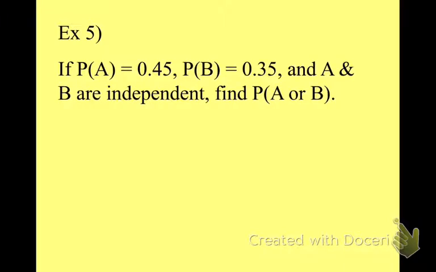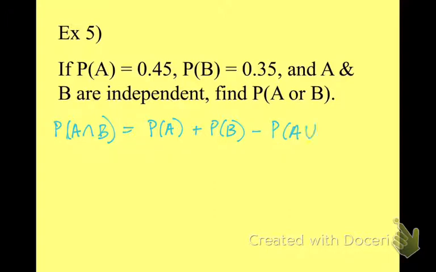So here's an example, and this is what I see a lot on the AP test and just quizzes and tests in general. It gives me A and B and it tells me that they're independent, and I want to find A or B. So I'm going to use the formula that's on the formula chart. Probability of A or B equals the probability of A plus the probability of B minus the probability of A and B. And I have to actually solve for this probability because they didn't give it to me.